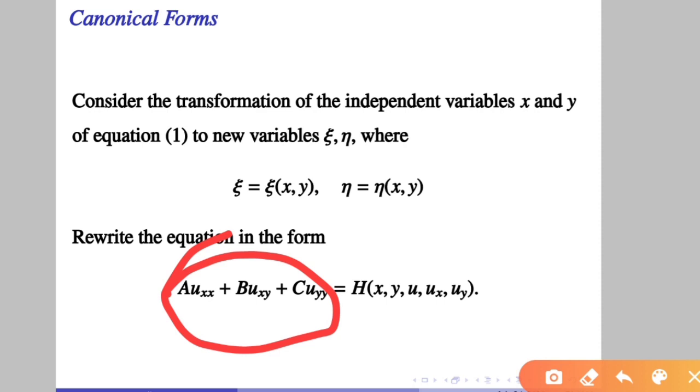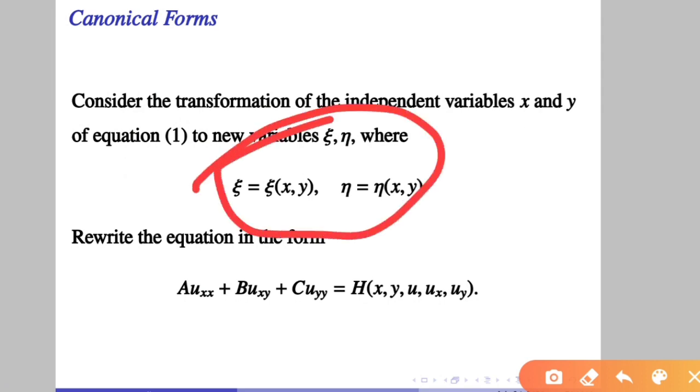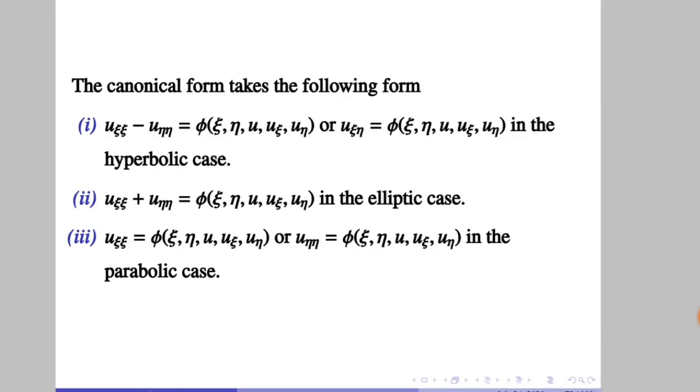Using this, you can factorize, and then we can get the new transformation psi = psi(x, y) and eta = eta(x, y), and then using these new transformations we convert to the canonical forms: elliptic type as u psi psi plus u eta eta, and parabolic as u psi psi equal to this quantity, or u eta eta equal to this quantity. So if you make it into canonical form, it is easy to integrate.